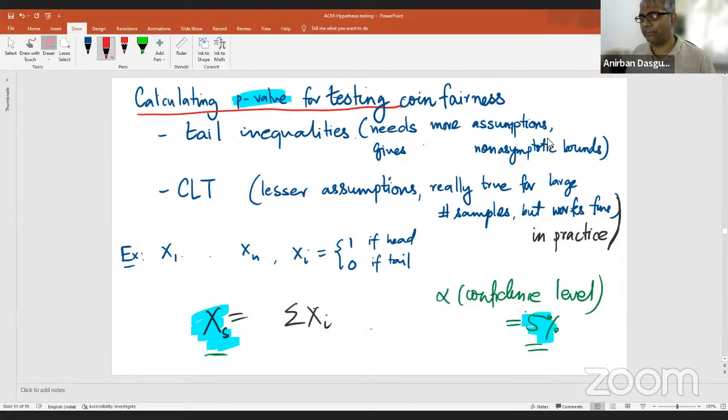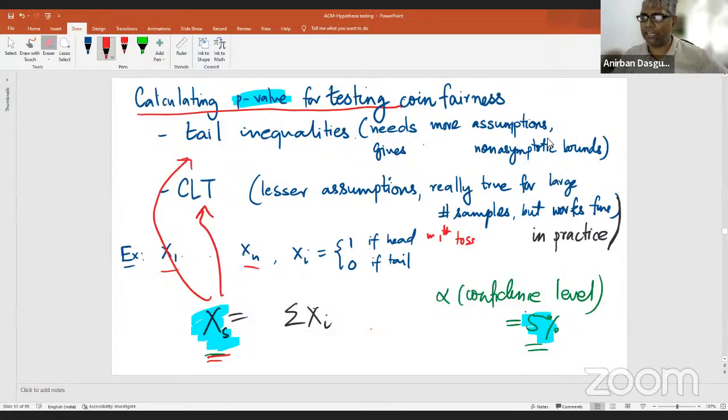A lot of observations have been made that if you have a sample size of 100 or so, you can say that the central limit theorem has kicked in already. For instance, for the coin toss, if x1, x2, ..., xn are 0, 1 random variables saying whether I obtained a head in the ith toss or not, you calculate xs as the number of heads, and then either you apply tail inequalities on xs or you apply CLT on xs.